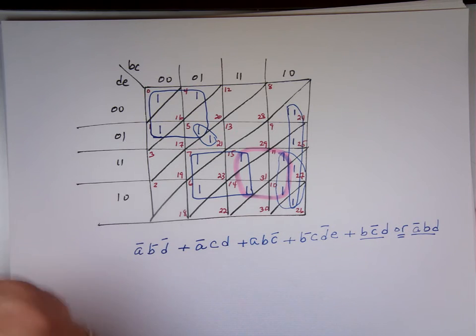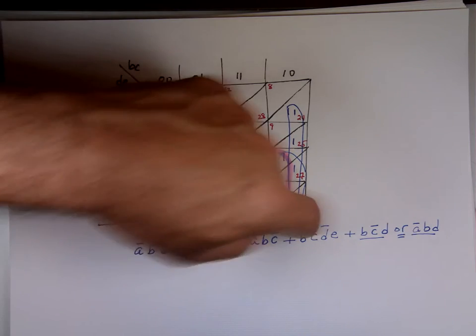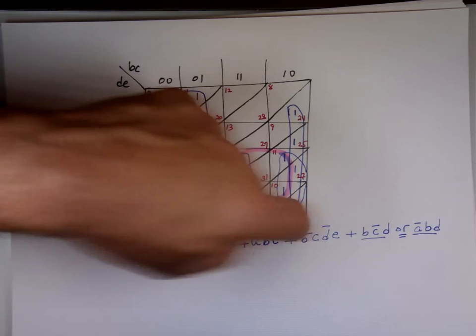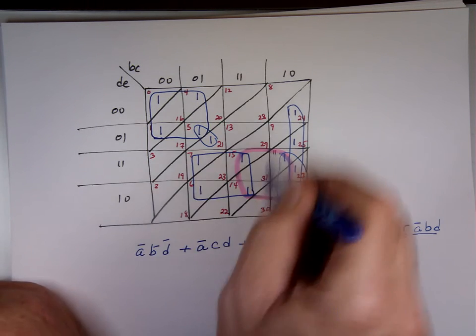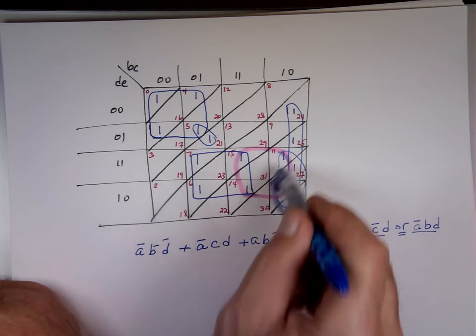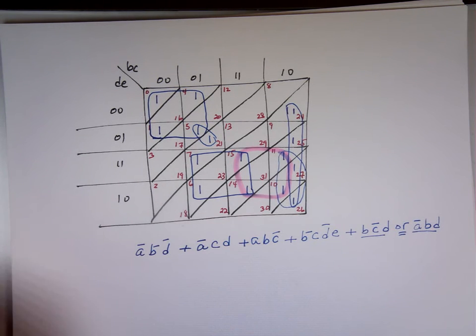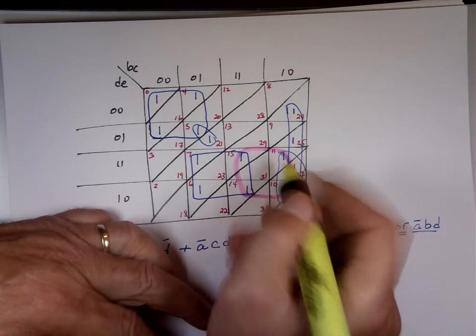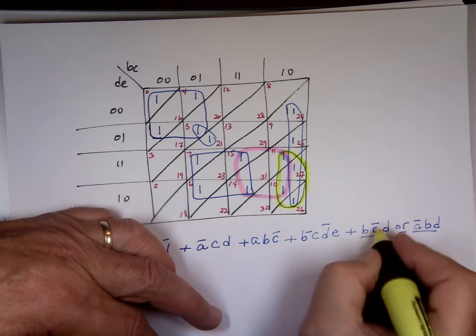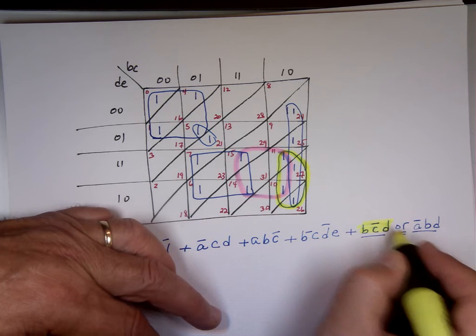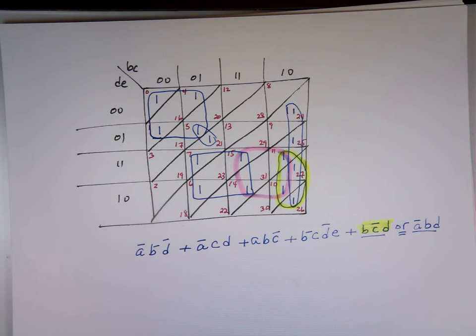This with that. This with that one. You could have multiple solutions. So to get these two ones, I can take them with this, or I can take them with that one. So two options here. That's this group here. If you take them with this one, and the other one is this group if you take them with the other two.